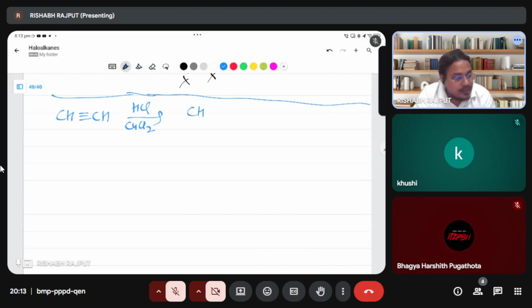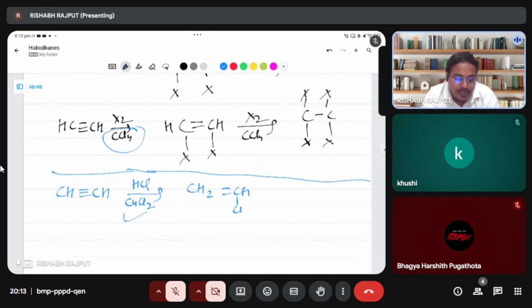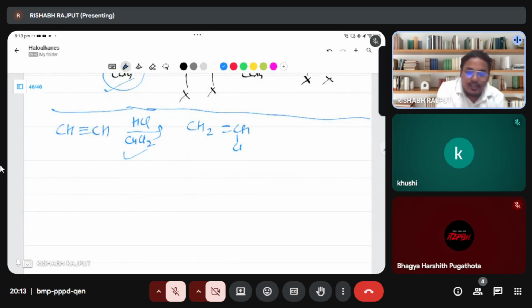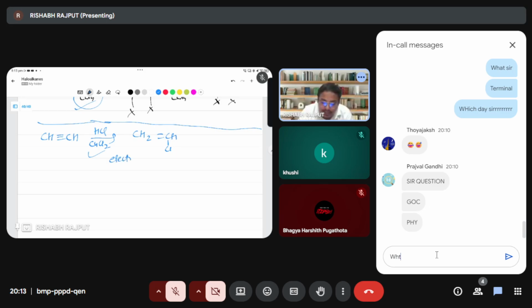You will get only one chlorine here, not two, because we are applying HCl in the presence of copper chloride, whereas earlier we used CCl4 and got X2 on both carbons. You can say it is an electrophilic addition reaction, but here we get only one Cl.